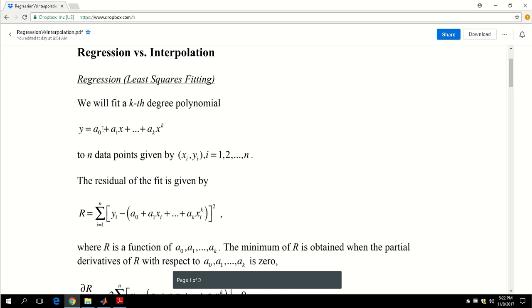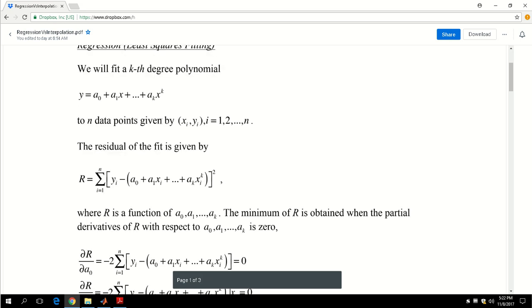We don't really know what the a's are, but we'll try to determine the best set of choices for the a's so that the curve we come up with is the best fit to all the data points.